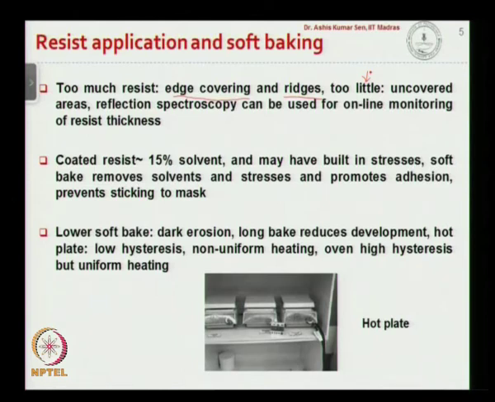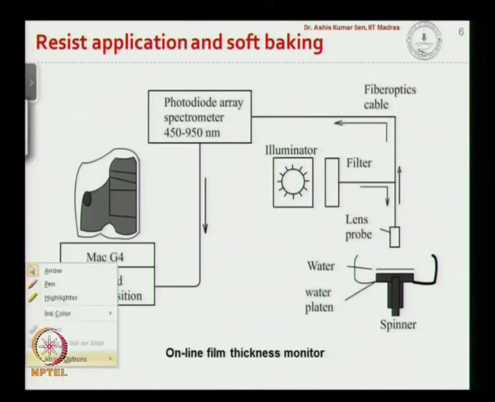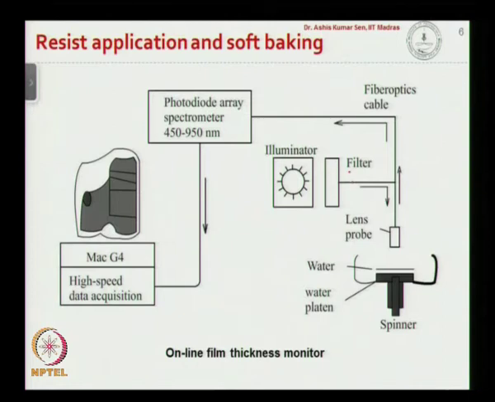And while you are spinning the photoresist onto a wafer, there are techniques like reflection spectroscopy, which can be used for monitoring the thickness of the photoresist while you are spinning it. This is what you can see here. This is the reflection spectroscopy technique, which can be used for online monitoring. So you have an illuminator, light which comes through a filter and lens probe, and it hits the wafer, and the reflected light comes in, and using a photodiode spectrometer we measure the intensity of the light.